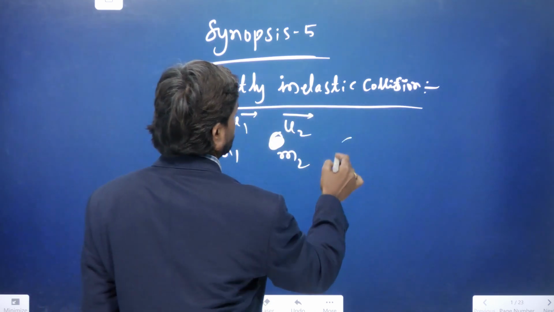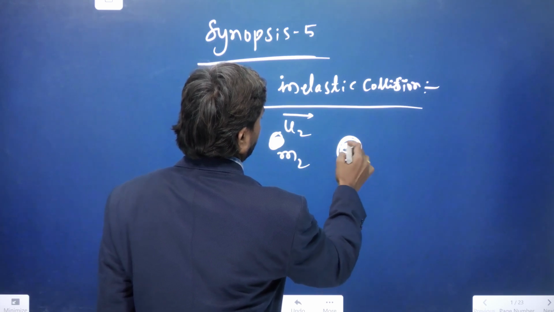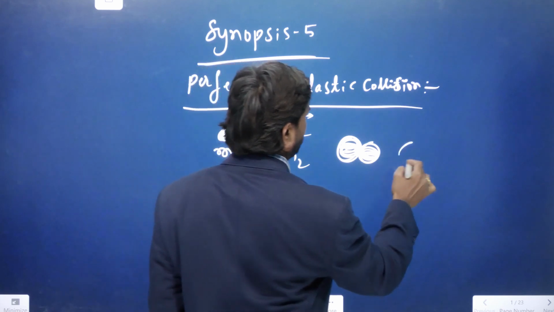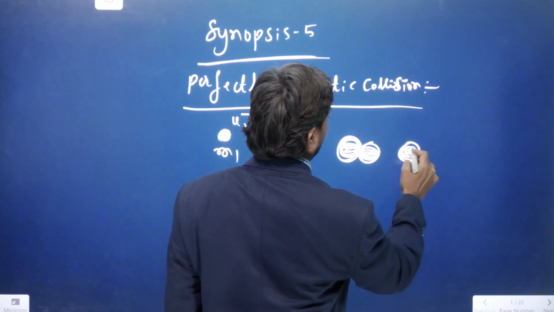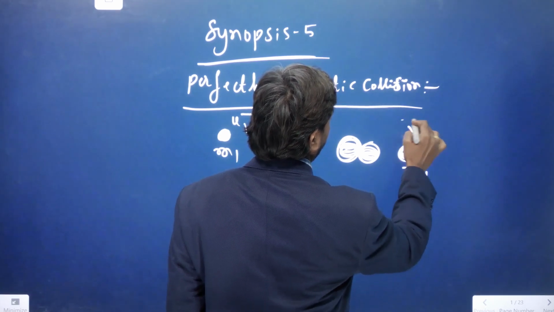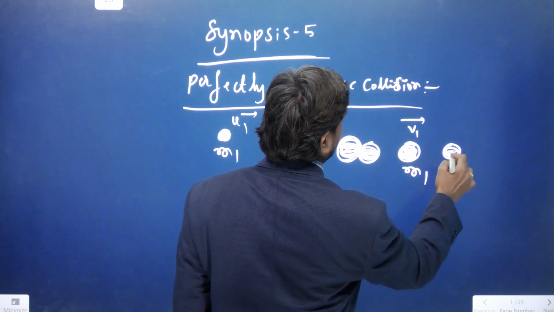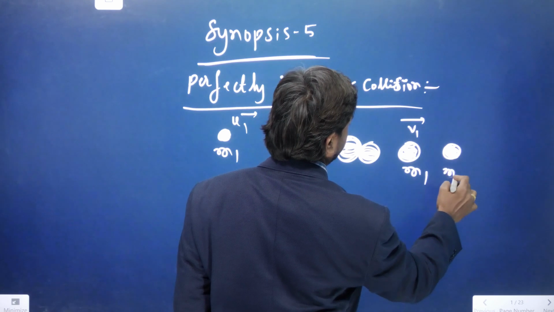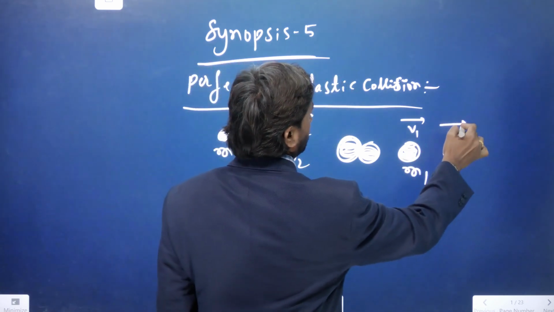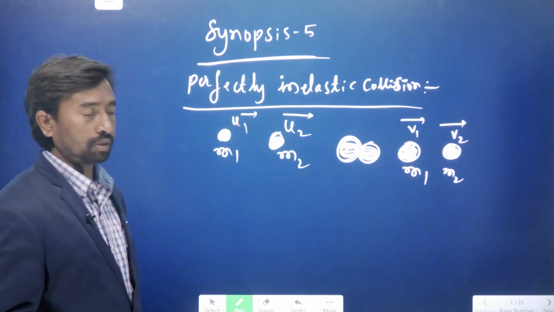During the collision they collide with each other. After the collision both objects move with different velocities: mass m1 with velocity v1, and mass m2 with velocity v2.